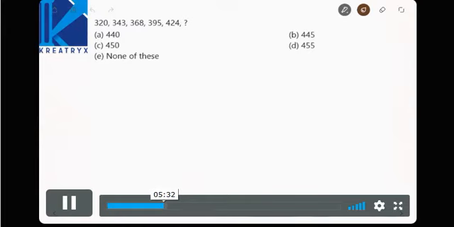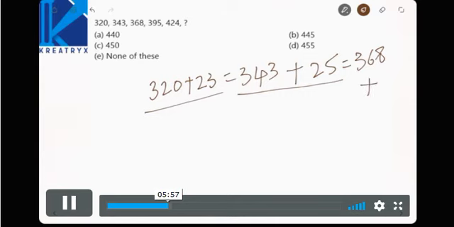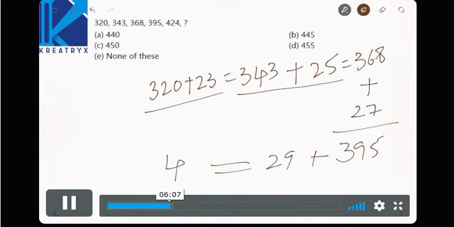Observe the things. 320 plus 23 will lead you to 343. 343 plus 25 will lead you to 368. 368 plus 27 will lead you to 395. 395 plus 29 will lead you to 424.